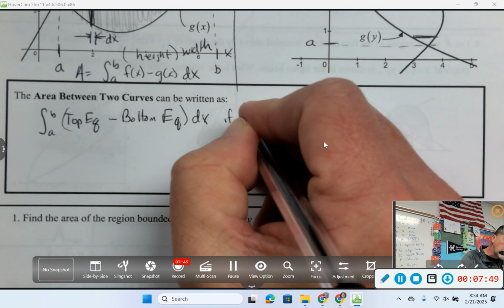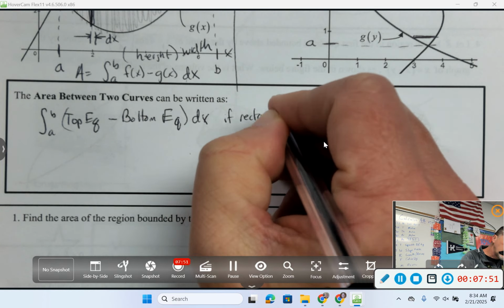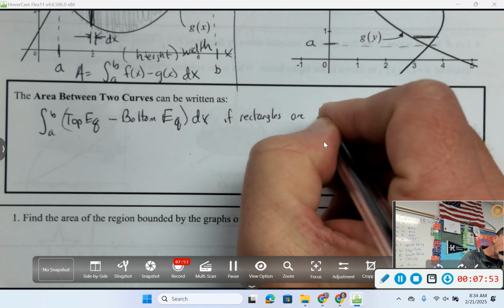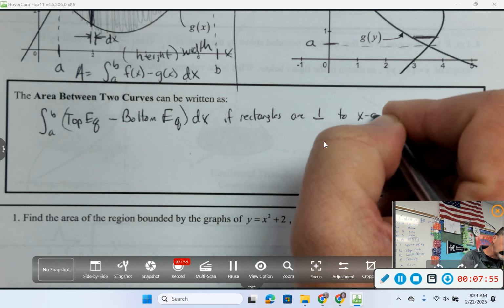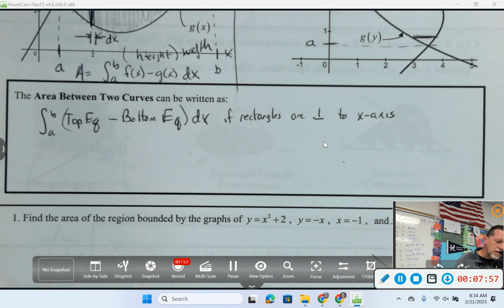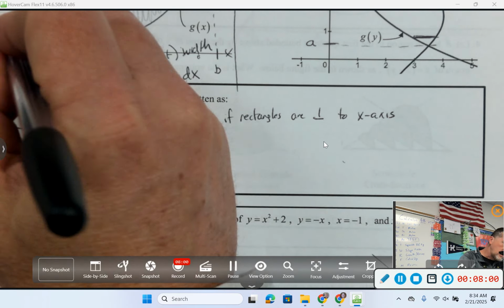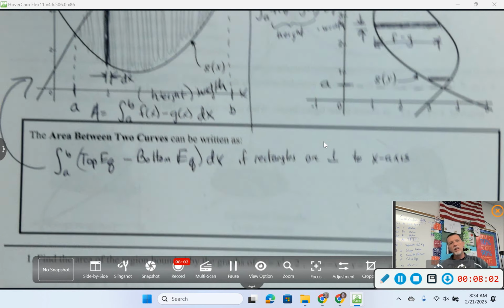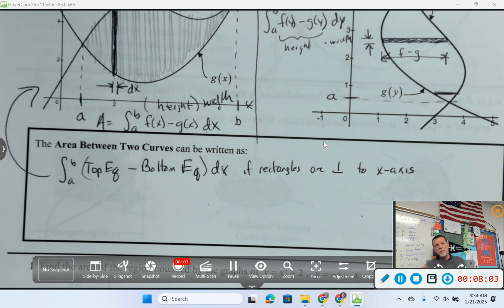That would be if the rectangles are perpendicular to the x-axis. So that was that first picture. From a to b of top minus bottom. Top minus bottom is the height, dx is the thickness, and from a to b is how far we look.